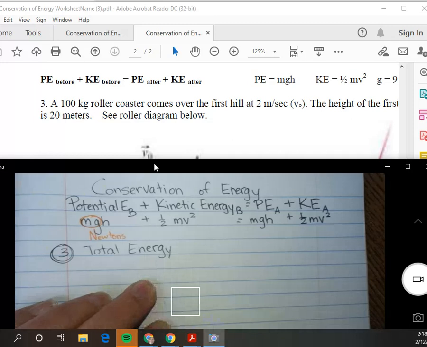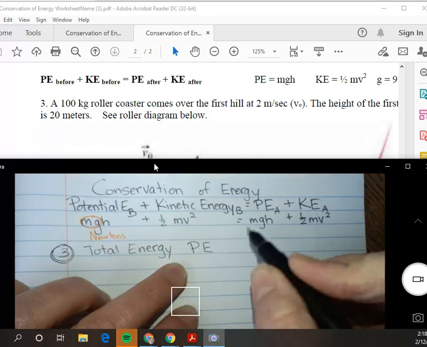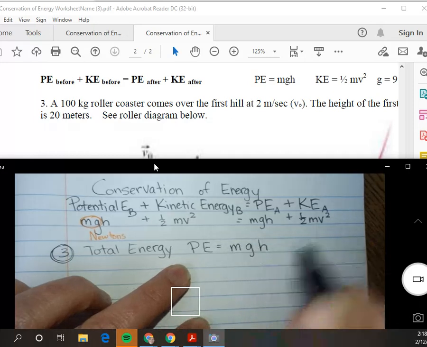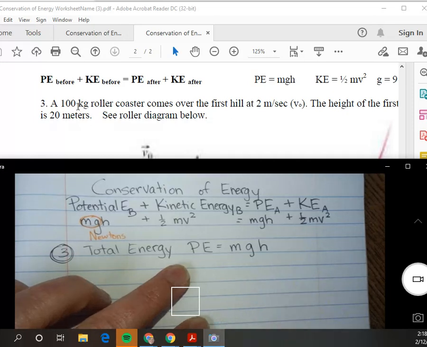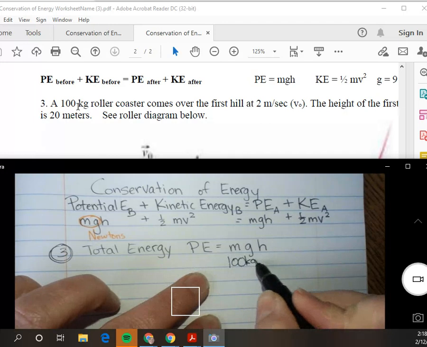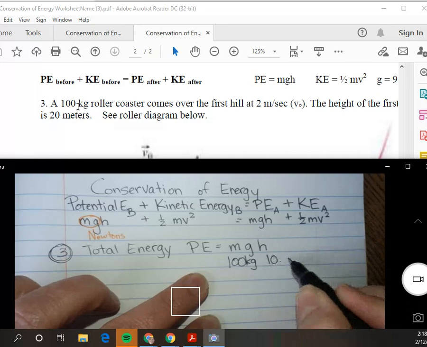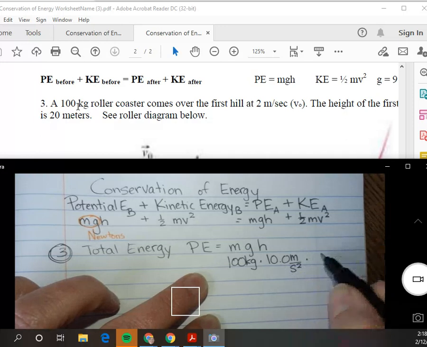When we assume that we are sitting still at that point, then we can use the potential energy formula. Mass times gravity times height. So the mass of my roller coaster is 100 kilograms. Or my roller coaster cart, I guess. And then the gravity is going to be 10, because that just makes it easier for us. And our height at that point was 20 meters.